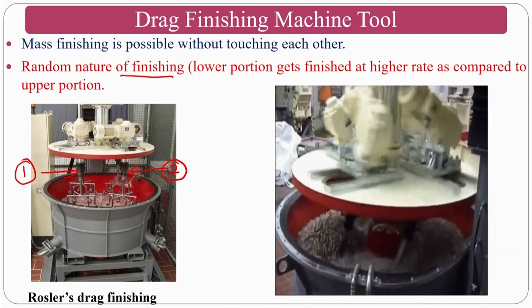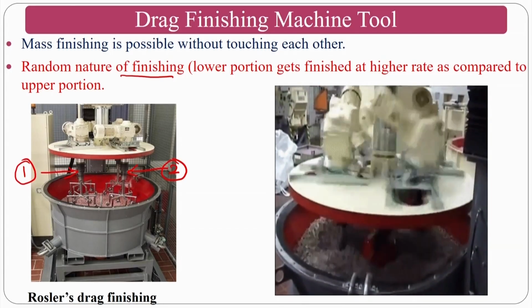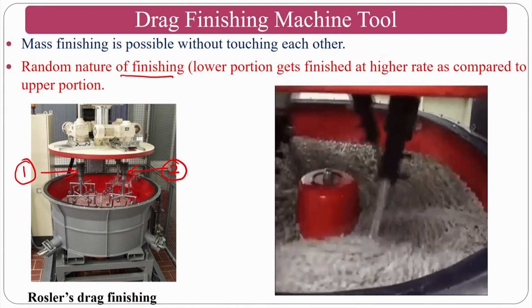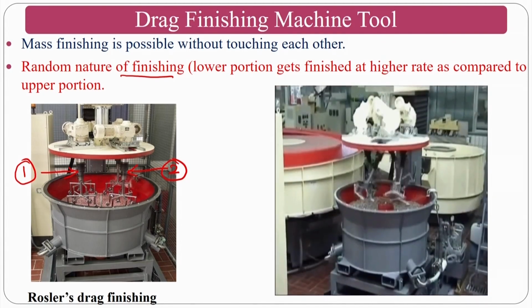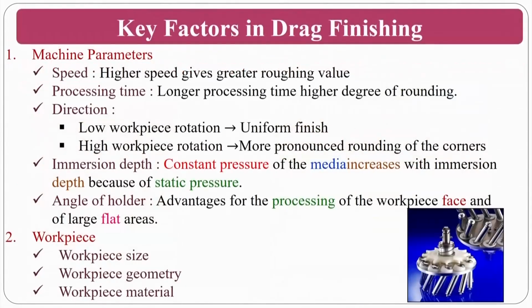You can see the motors on the top, and these are rotated so that the abrasives, which may be bonded abrasives or unbonded abrasives and other things, finish them. Okay. So, like this, critical components like milling cutters, knee implants, drilling cutters, or many other aerospace turbines and other things can be finished using the drag finishing operation.